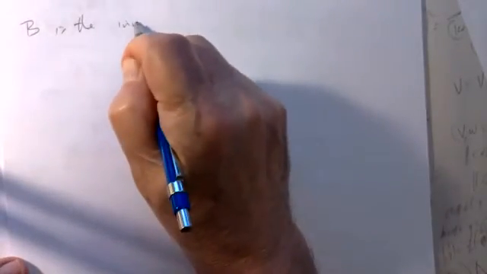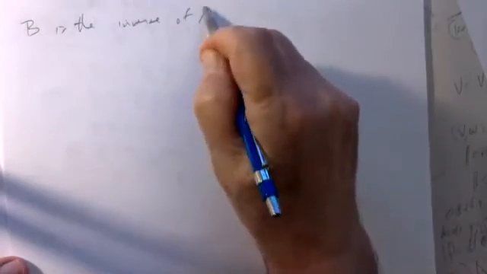Well, we say that B is the inverse of a matrix A if AB is the identity and BA is the identity, right? That's the definition of the inverse.